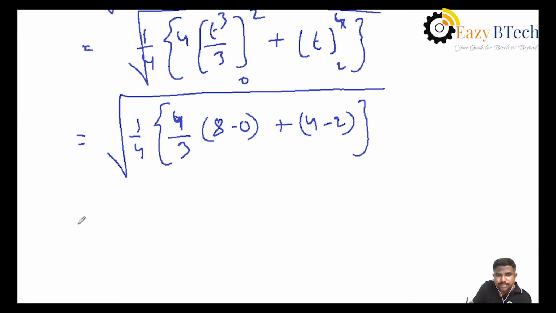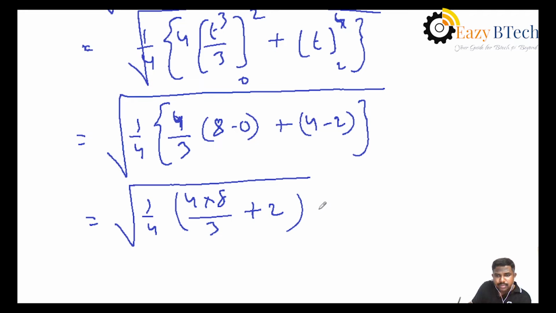This is one function. Then 1 by 4, 4 into 8 by 3 plus 2. Then multiply with 4. Then 8 by 3 plus 1 by 2. That is square root.